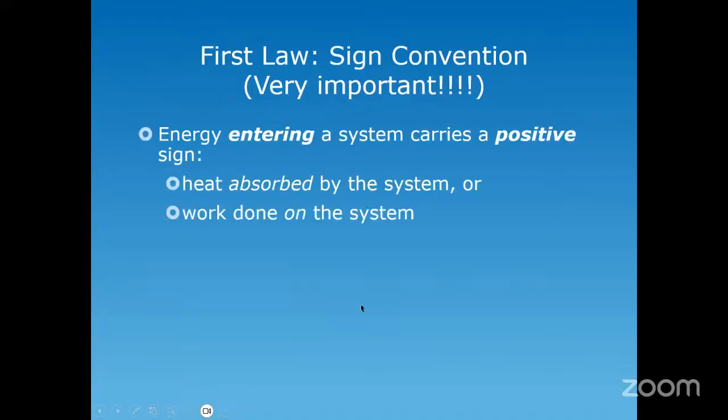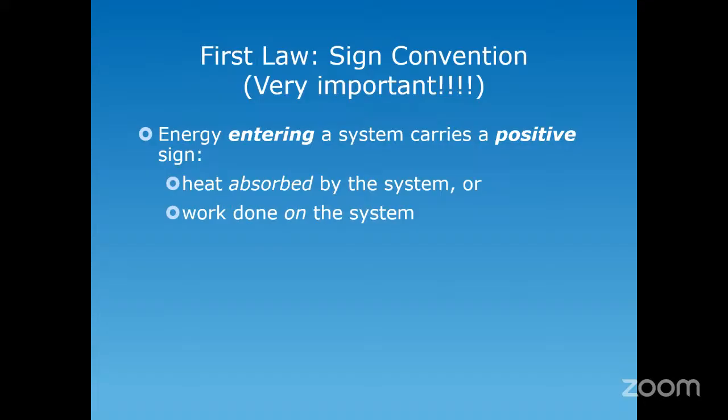Now, as I said before, the sign convention is very important. I think I made mention of this earlier, but I'm going to say it again. When energy is entering the system, the energy change will be positive, and that can be done by either heat absorbed by the system or work done on the system.